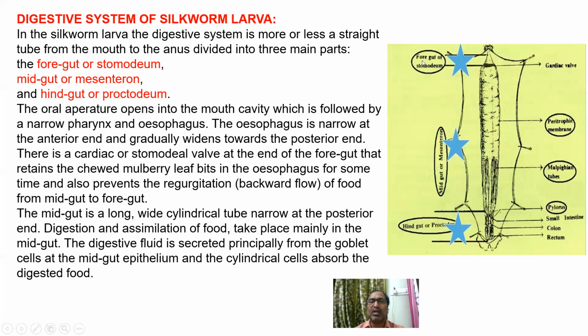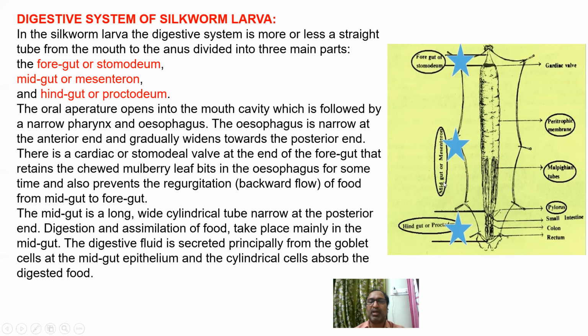One is the foregut, which is in the anterior region, called stomodium. Stoma means an opening. F-O-R-E is fore, which is present in the anterior region, that is called foregut or stomodium.